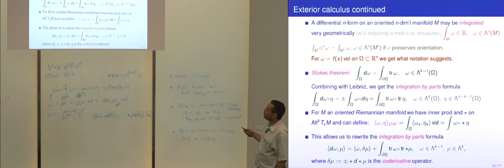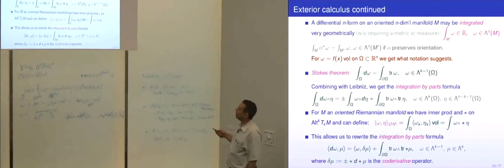Okay, once you know Stokes' theorem, you can combine it with the Leibniz rule, which was d of omega wedge eta. So if I take the integral of d of omega wedge eta, that'll give me the integral of the trace of omega wedge eta. And traces are pullbacks, so they preserve wedge products, so that's the integral of the trace of omega wedge the trace of eta.